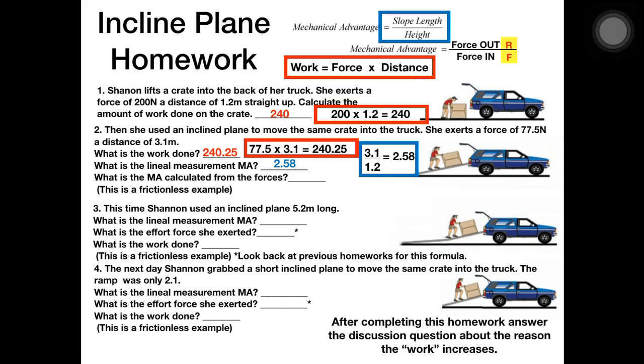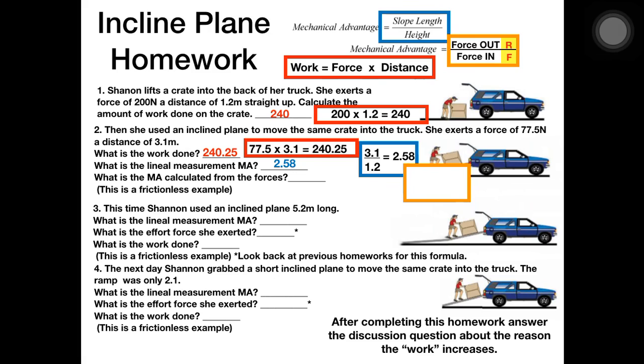Now, the third part here in number 2 says, what is the mechanical advantage calculated from the forces? Okay, and we know that this time we will be using this orange box, force out divided by force in. So let's see if we get the same mechanical advantage with the lineal measurements and with the forces. We know that the force out was the R, the weight, is 200 newtons. And that was told to us in question number 1.